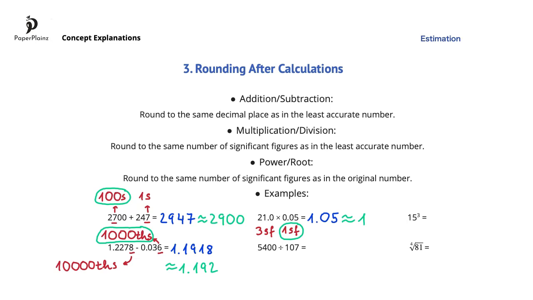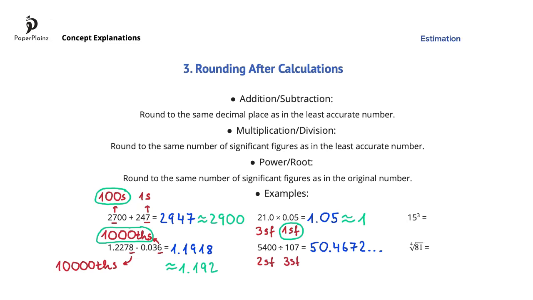5400 divided by 107 is equal to 50.4672, and the number continues on infinitely. 5400 has 2 significant figures, the zeros at the end do not count as significant figures, while 107 has 3 significant figures. Remember that zeros sandwiched between non-zero numbers count as significant figures.